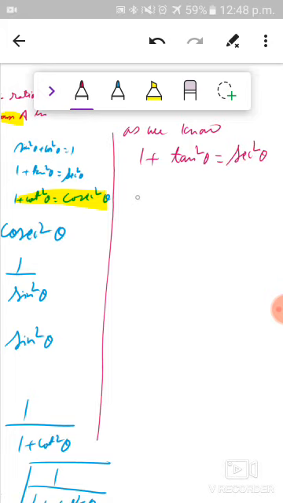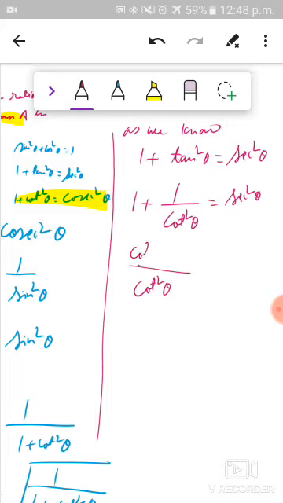So 1 as it is, and tan square theta we can write as 1 by cot square theta, equal to sec square theta. Taking LCM, that is cot square theta, so we'll have cot square theta plus 1 by cot square theta equal to sec square theta.